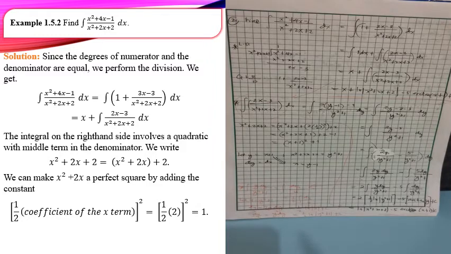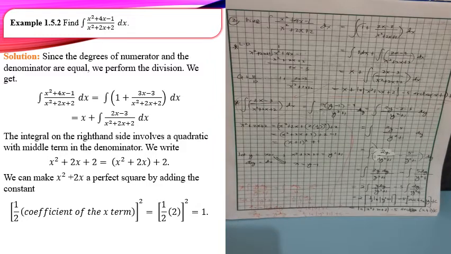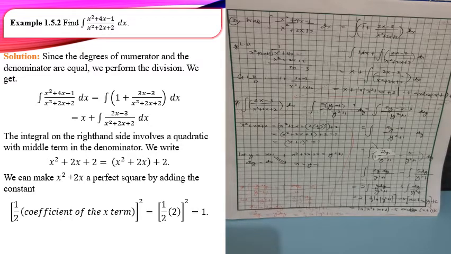Okay, another example: the integral of x squared plus 4x minus 1 over x squared plus 2x plus 2 dx. If you notice, class, the degree of the numerator and denominator are the same, both are quadratic functions.